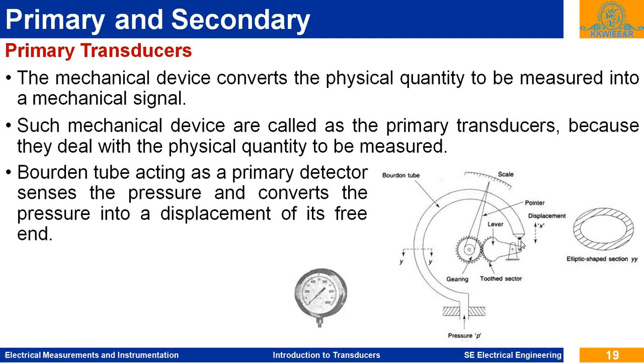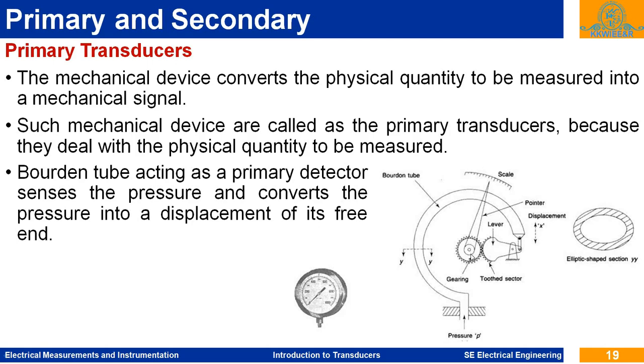With this expansion, there is a vertical movement at the other free end, which is connected with the lever. When it moves in the upward direction, this lever will move in the downward direction, and this lever is attached with this gear.